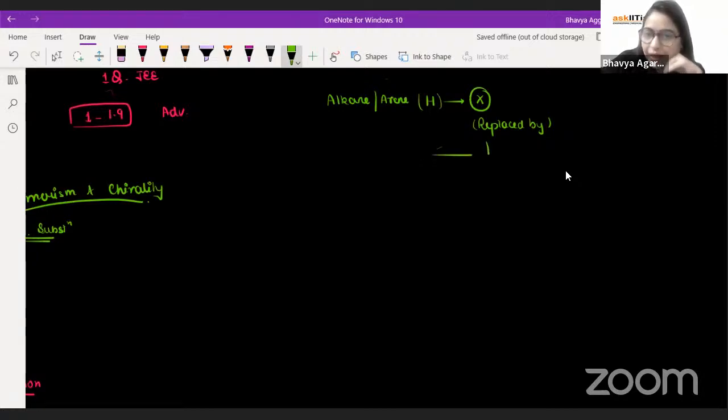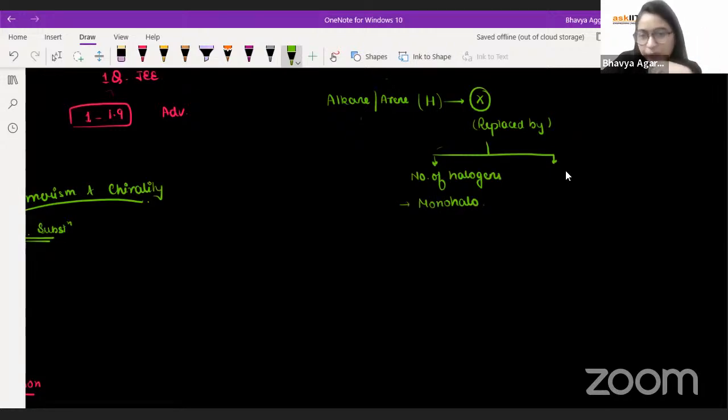Now, when this halogen is lying on the haloalkane or haloarene, there are 2 cases. This classification is done on the basis of number of halogens. How many hydrogens have been substituted? On the basis of it, you call it a monohalo compound.